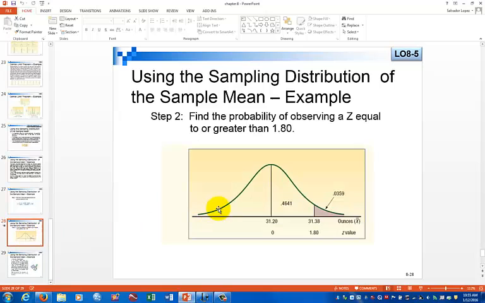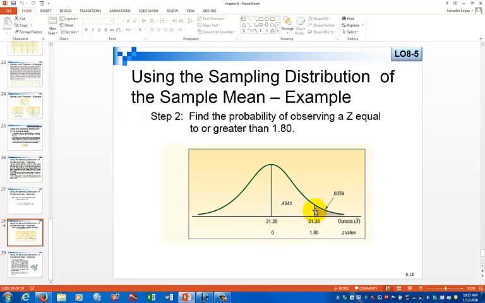So in our sampling distribution of X bar, our result is 1.8 standard deviations away from the mean. So the value of 31.38 is 1.8 standard deviations away from 31.2 in the sampling distribution of X bar.